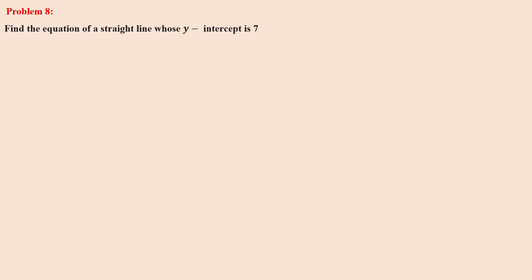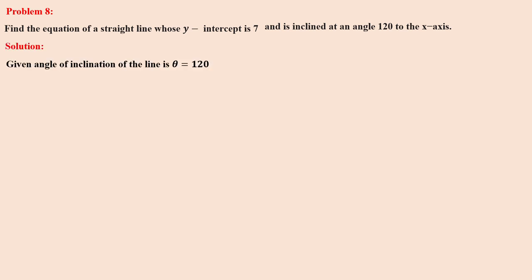Next problem. Find the equation of the straight line whose y-intercept is 7 and is inclined at an angle 120° to the x-axis. Given the angle of inclination theta is 120°, therefore slope m = tan theta, that is tan 120°.